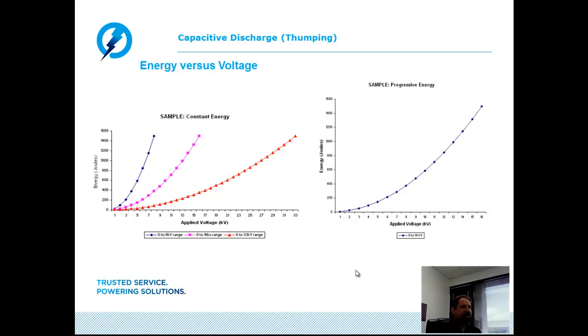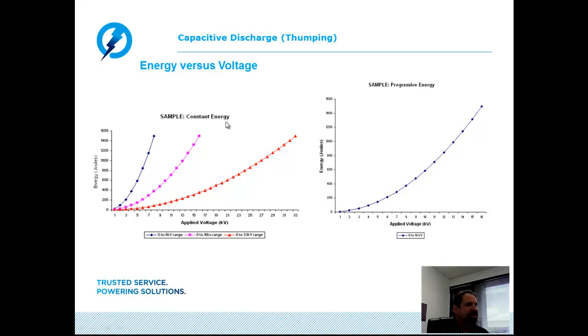Now, the curves that I show here, if you know what the internal capacitance is of the thumper that you're using, you could actually compute these curves on your own by using that same formula, capacitance of the thumper divided by 2, multiplied by the applied voltage squared. And what we see is, in this sample, we have what we call a constant energy thumper.